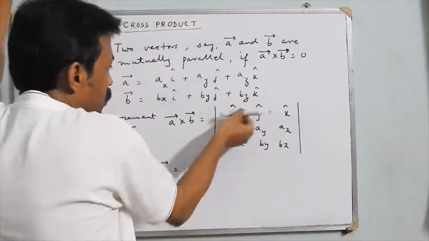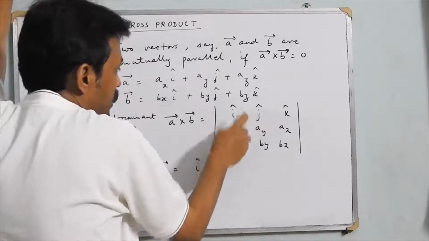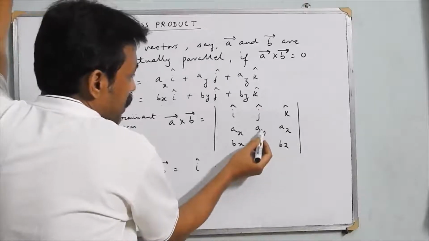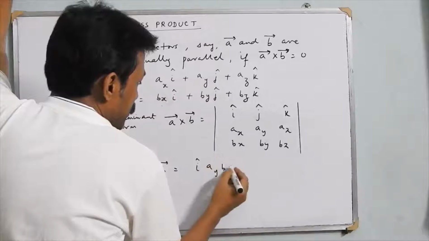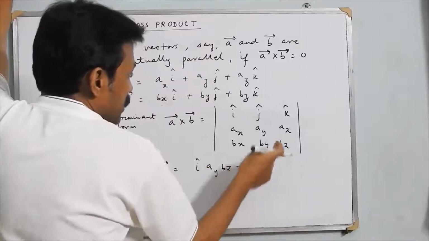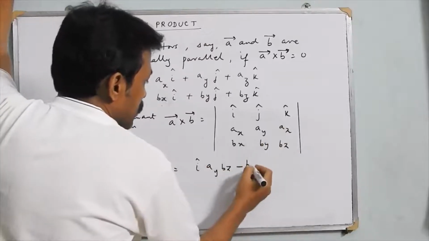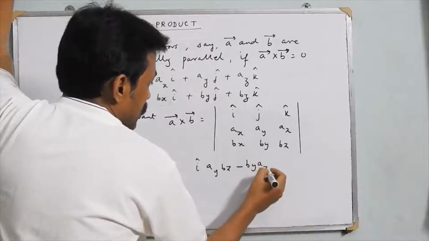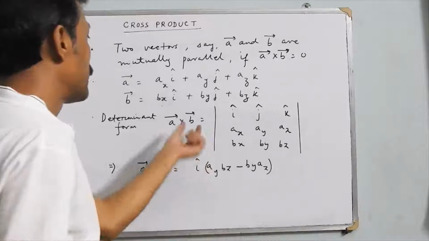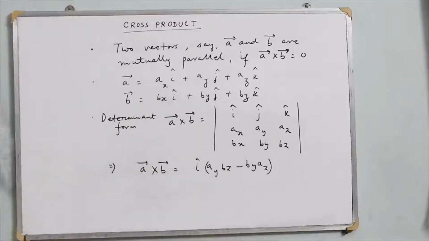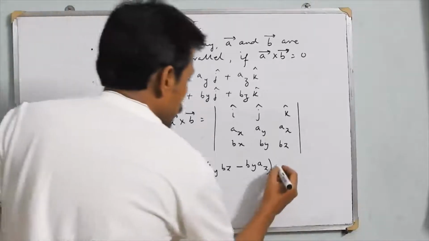So closing the row and the column of i hat, you are cross multiplying ay, bz, subtract by, az. Then first positive i hat, then alternately it will become positive and negative. So now minus j hat.